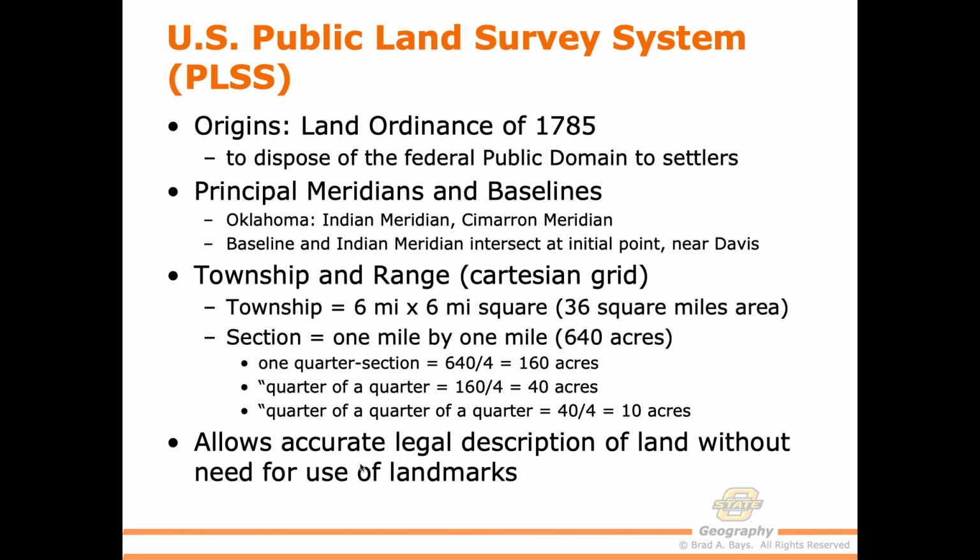So the public domain, or the federal lands of the United States, were a very large part of the United States early on in its history. The very first public domain lands were the lands that the states had given over to the federal government after the Revolutionary War.